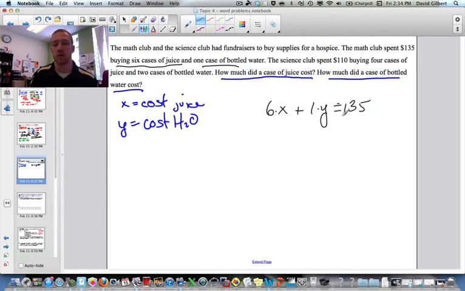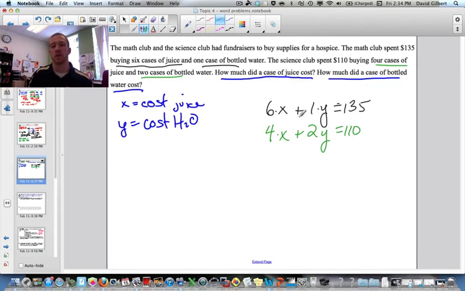Cost for juice, cost for water, total cost. And we're going to do the same thing with the science club. They spent $110 and 4 cases, so 4 cases times the price for juice plus 2 cases of bottled water there, so we got 2y, and that is our system.